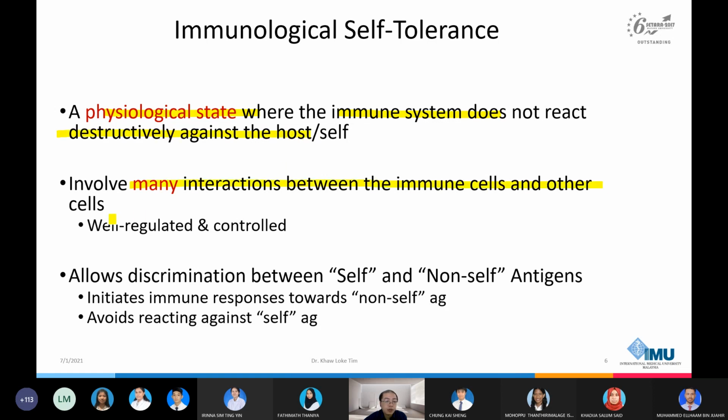It involves many interactions between immune cells and other cells in a well-regulated and controlled manner, which you'll see how, and allows discrimination between self and non-self antigens. So no friendly fire allowed: only against non-self and avoid against self.